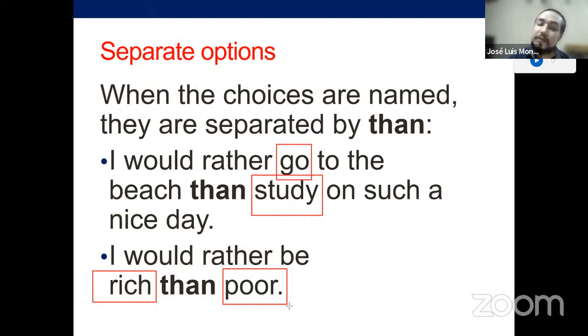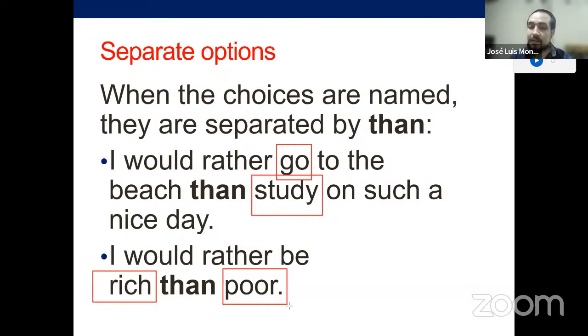But of course that can be different. I would rather buy an iPhone than Samsung, okay? Or I would rather drive a Toyota than, I don't know, a Ford. Or you can talk about anything and mention different types of objects, okay?